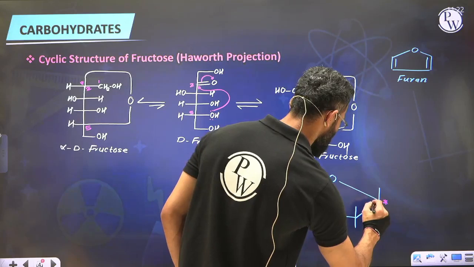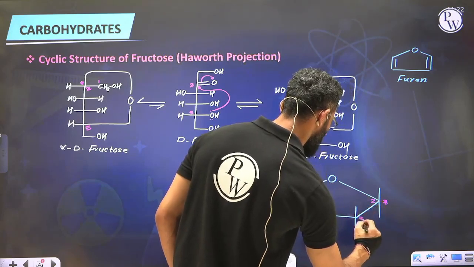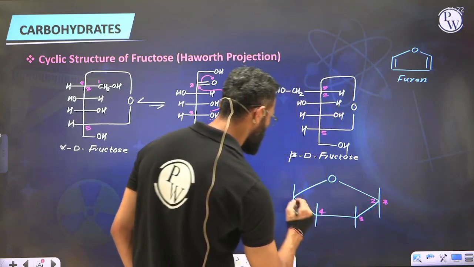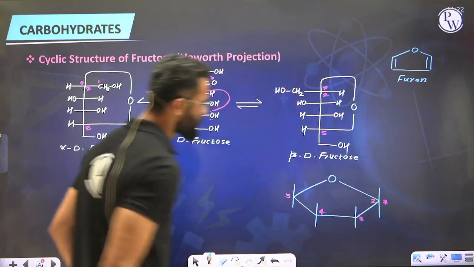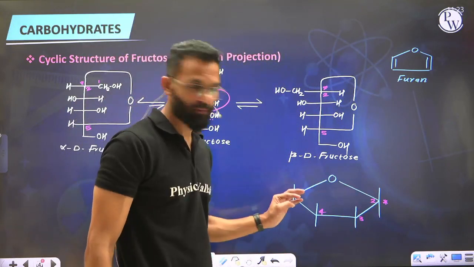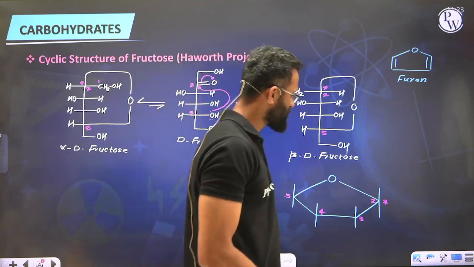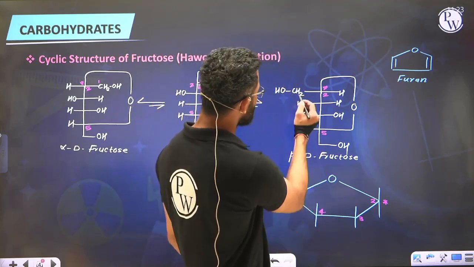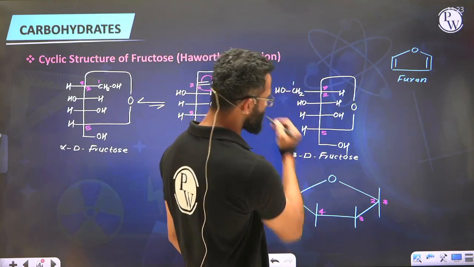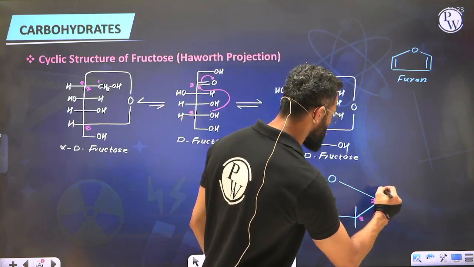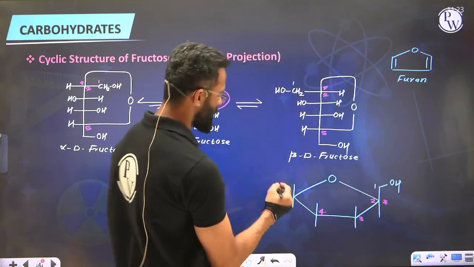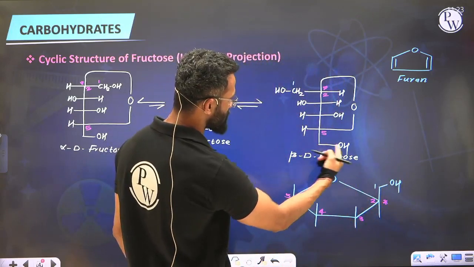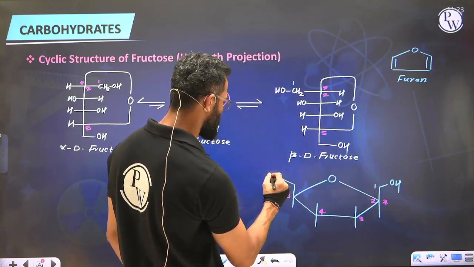That is number 2, number 3, number 4, number 5. Now let's see if I'm writing a beta form. In the beta form, you will see CH2OH, which is your carbon number 1, is put to the left, meaning it will be above the plane. So that is CH2OH, carbon number 1. And here at the 5th carbon, we have CH2OH, which by convention we put up.